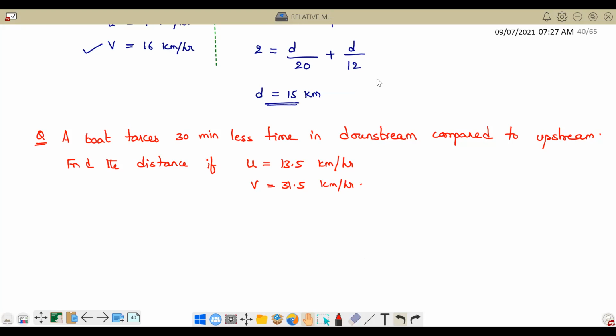Simple problem. You just have to take one small equation. That's all.